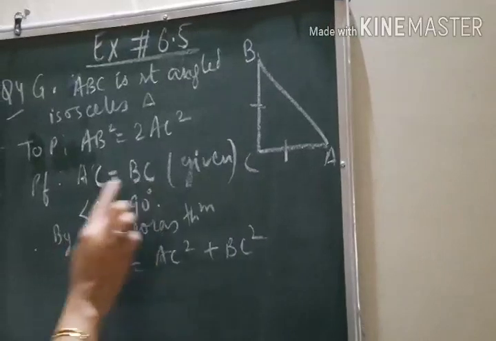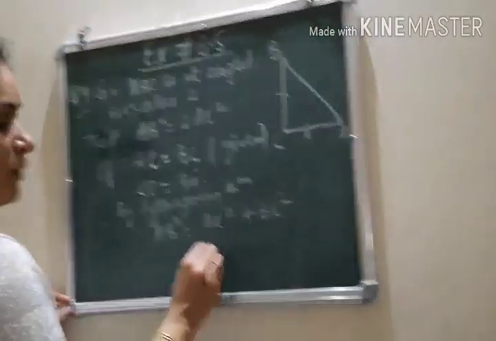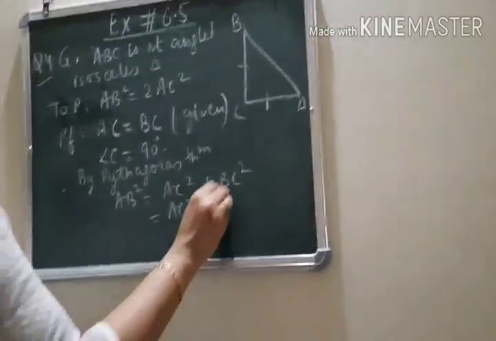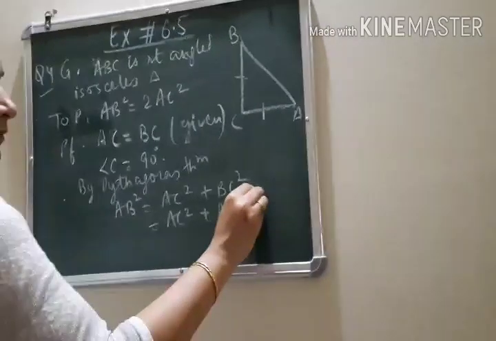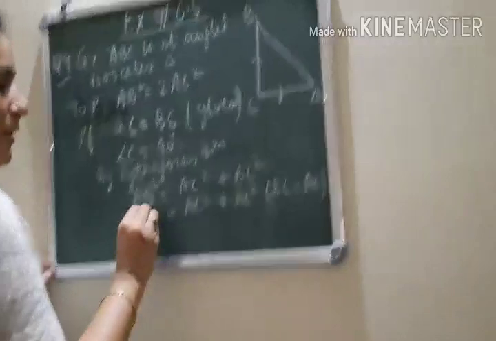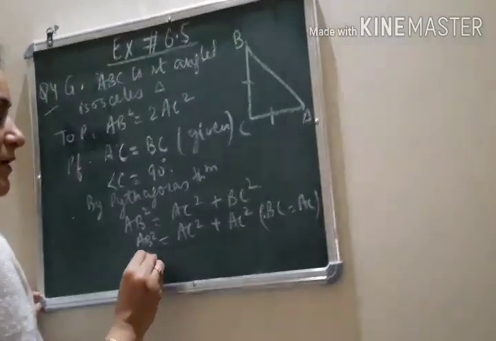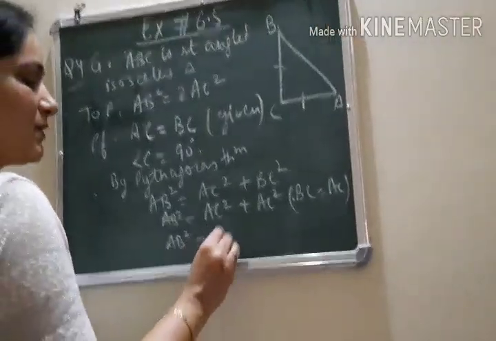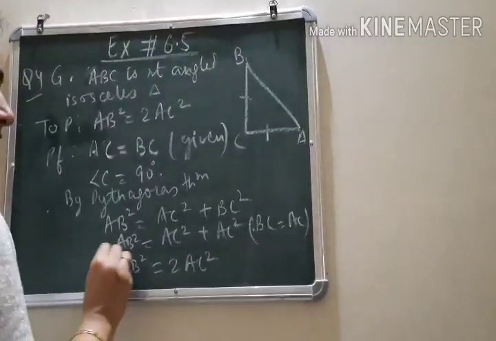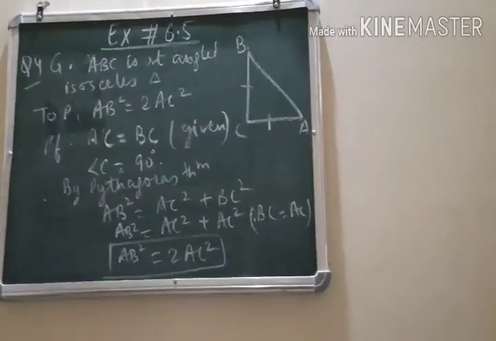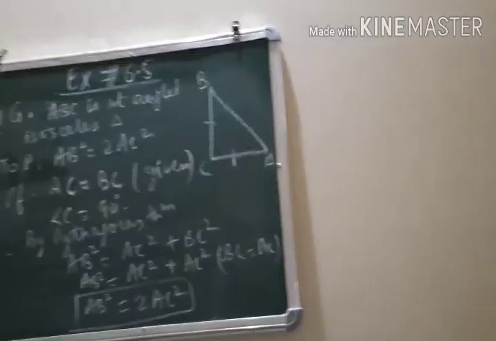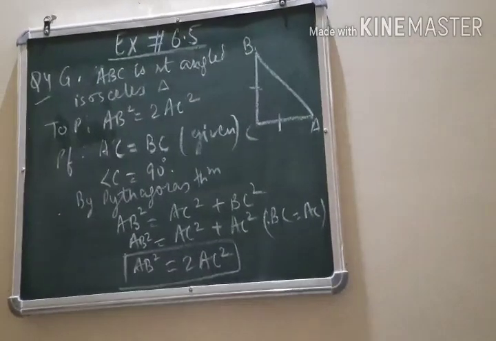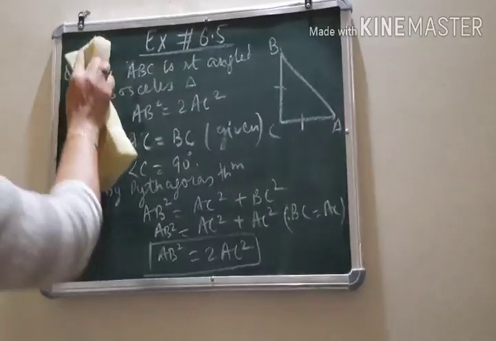Now, you know that AC and BC are equal. So, in place of BC square, we can write AC square. Okay. So, AB square is equal to AC square plus AC square, which is 2AC square, and this is what you have to prove. So, this was question number 4. Let's move to question number 5 now.